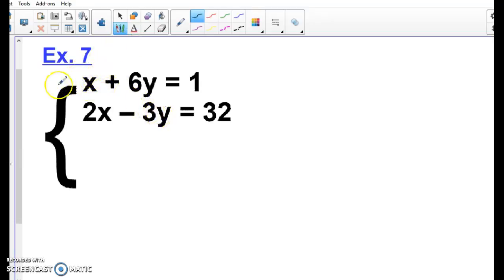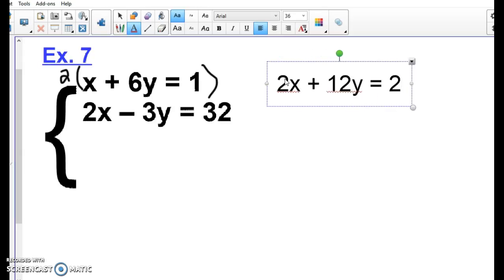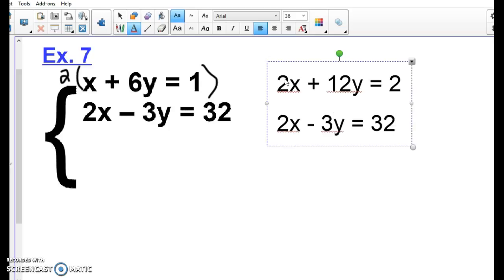I'm going to multiply this whole top one by 2 so that both of these end up having a 2x. So if I multiply that whole top by 2, I end up with 2x plus 12y equals 2. And my bottom still stays the same, because I didn't have to multiply anything there. 2x minus 3y equals 32.